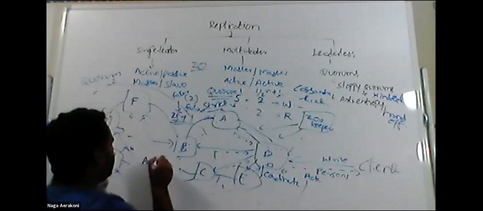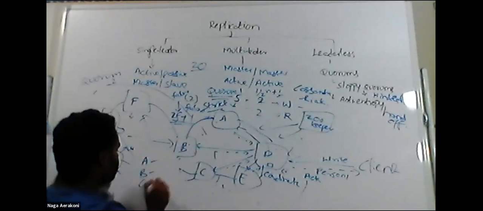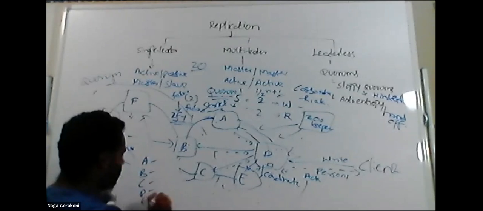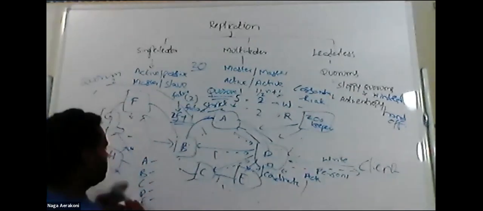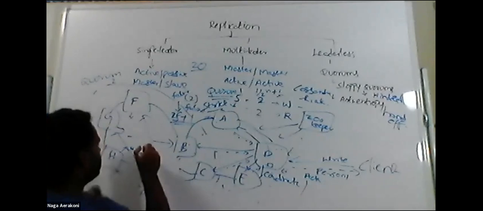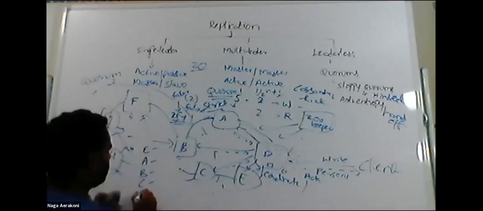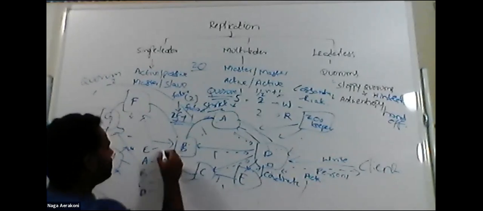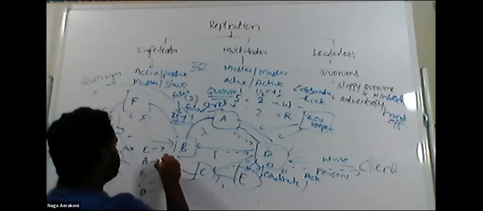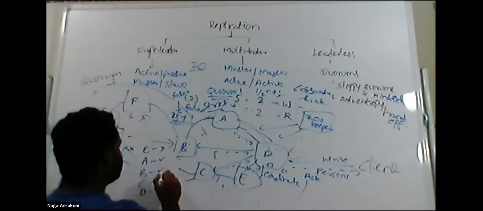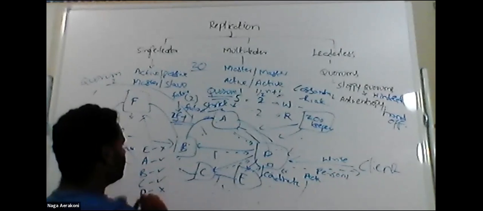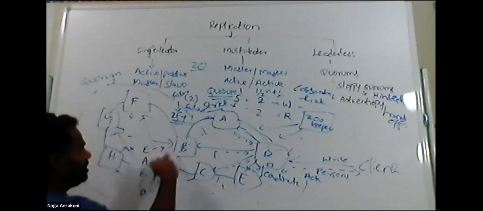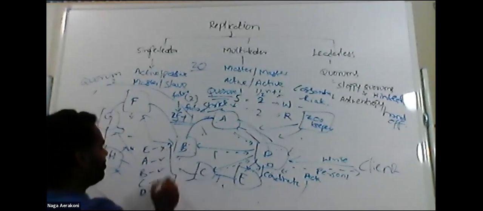Among A, B, C, D, E, if this failed, this got success, this got success, this got success, and this failed, then among these 5 nodes, 2 of them failed.